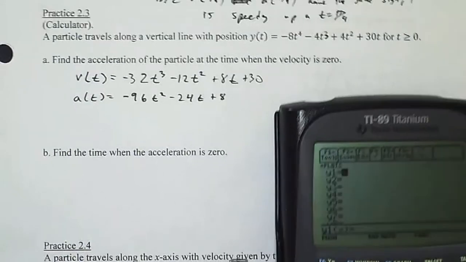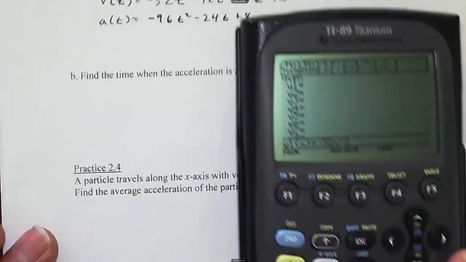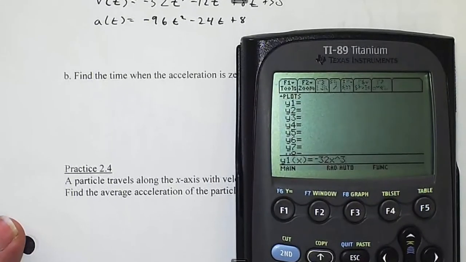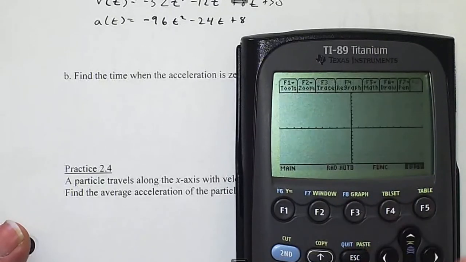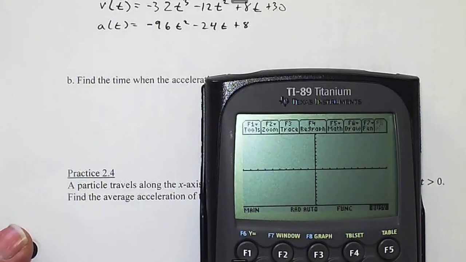So we'll graph the velocity equation: negative 32x cubed minus 12x squared plus 8x plus 30. And we'll graph and see where it crosses the x-axis.